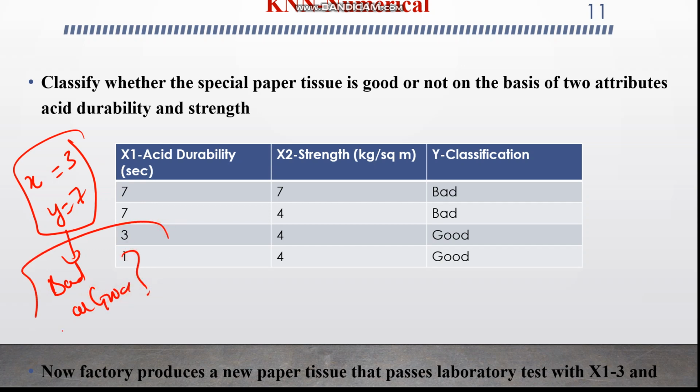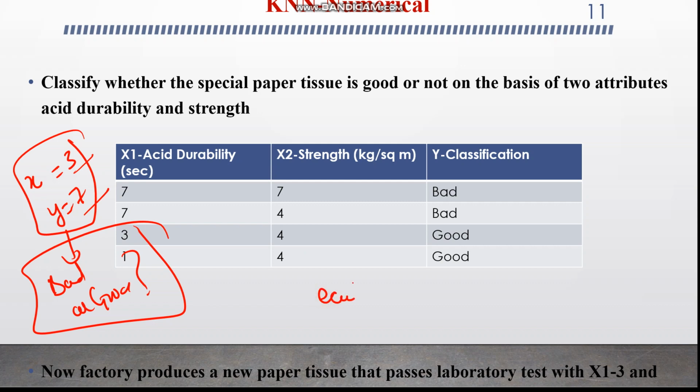That is what we have to check. Based on these data items, for a future case where the acid durability is 3 and strength is 7, we have to find which class it belongs to.